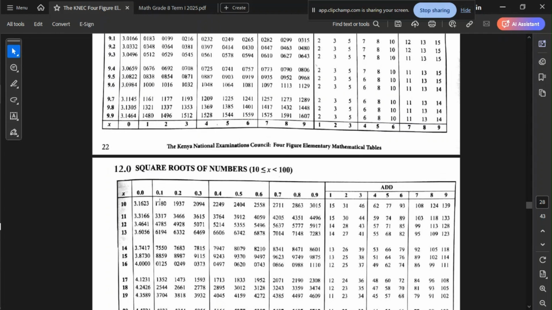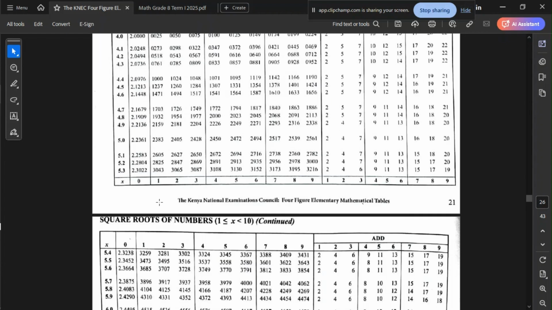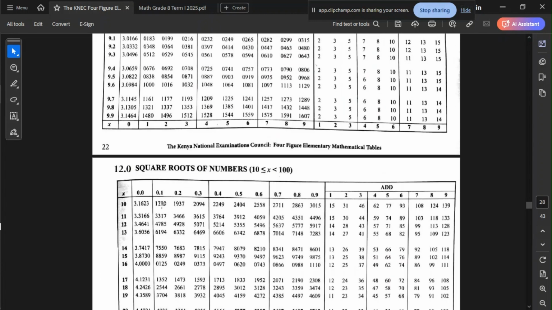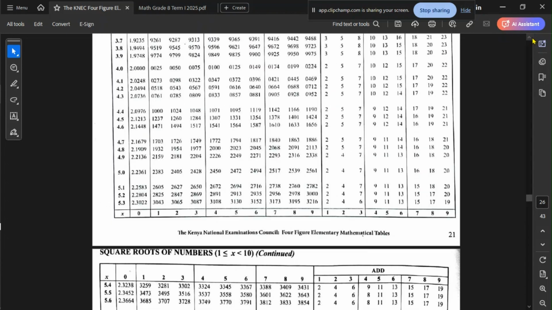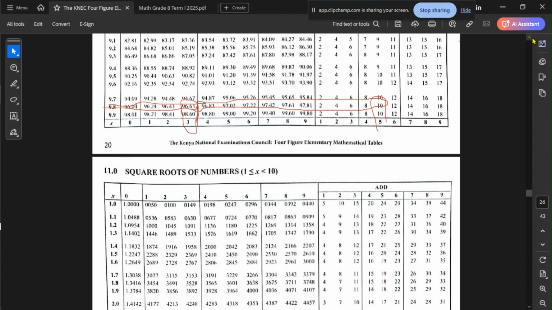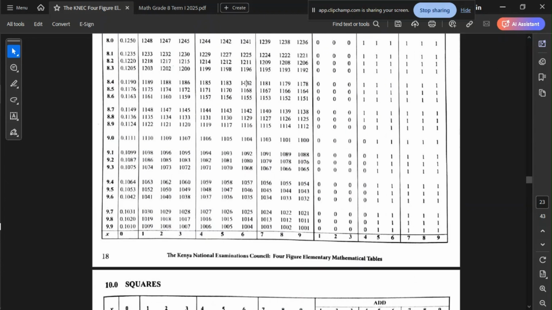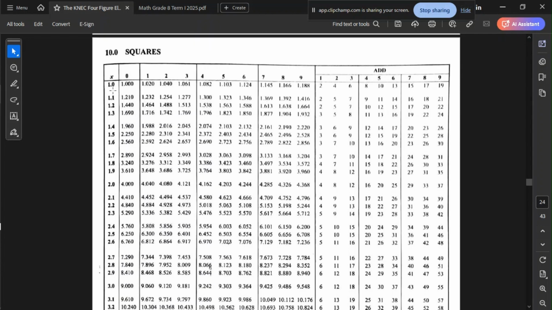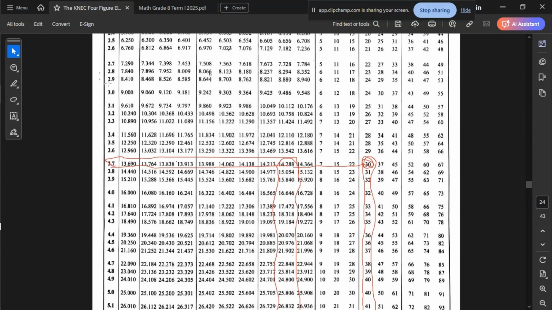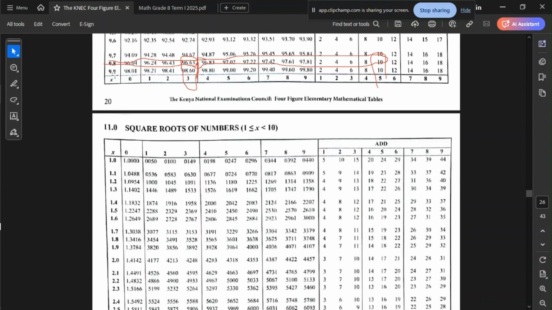The number above is the square root, but I want the squares. The least number is 1, and the largest number in the table of squares is 9.9. The other table is the table of square roots.